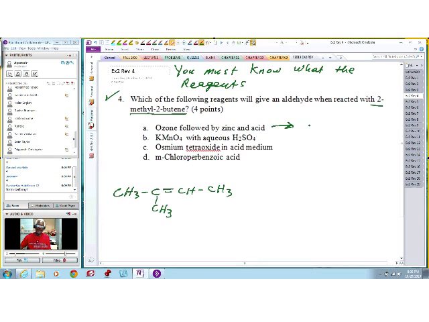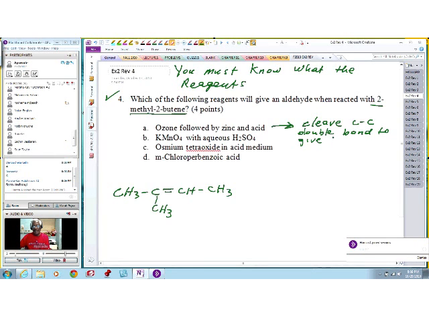Okay, I am going to be very specific here. Ozone followed by zinc and acid will cleave a carbon-carbon double bond to give ketone and aldehyde.